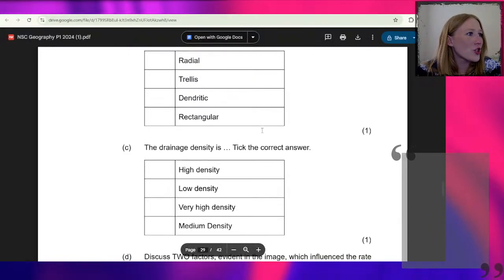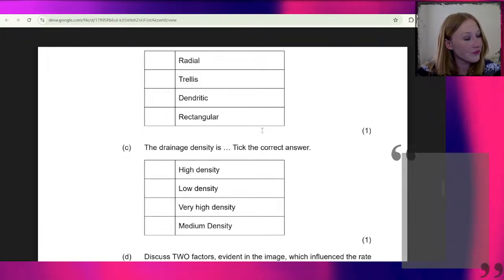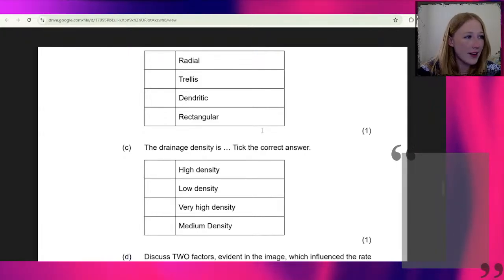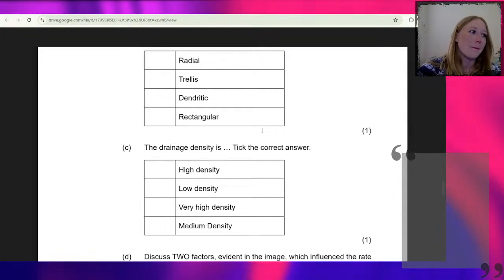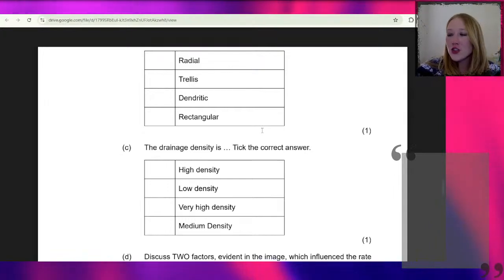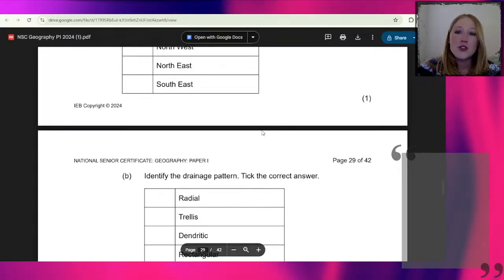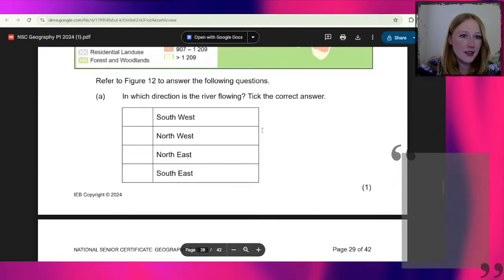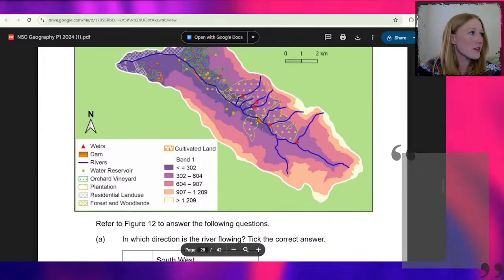Drainage density is, tick the correct answer. High, low, very high, medium. Drainage density is the length of the river divided by the area of the drainage basin.